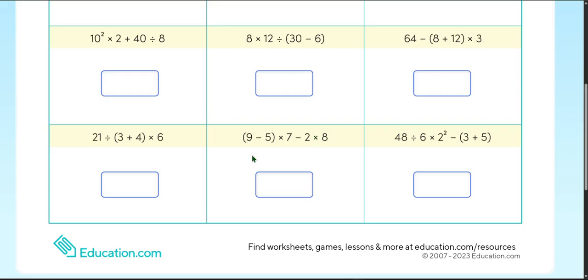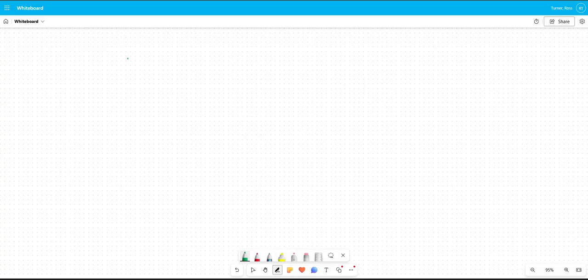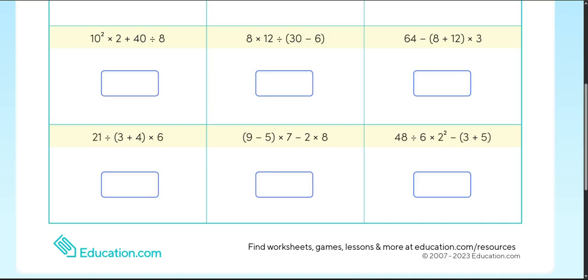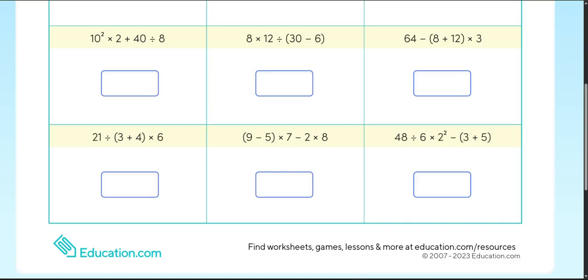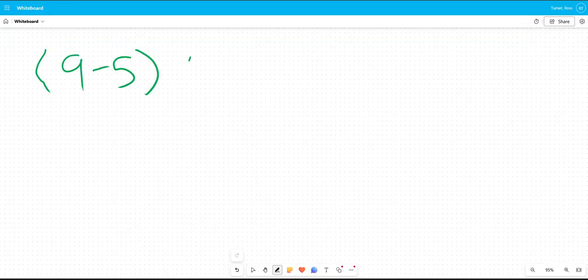Let's do this one. 9 minus 5 in the parentheses times 7 minus 2 times 8. We're going to get our parentheses set up. 9 minus 5, close parentheses, times 7 minus 2.